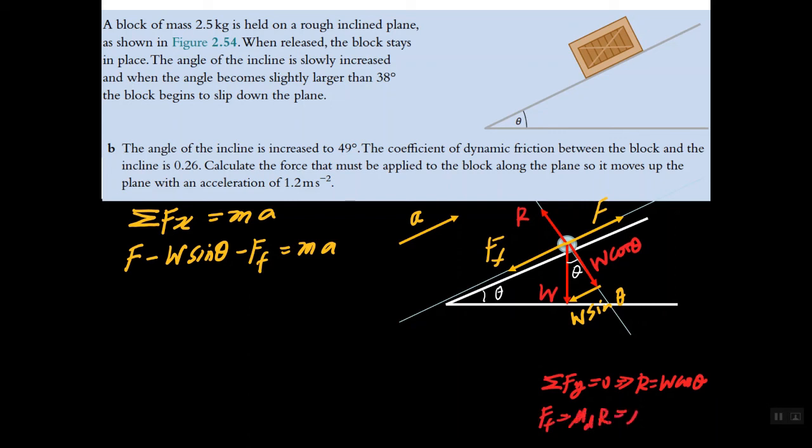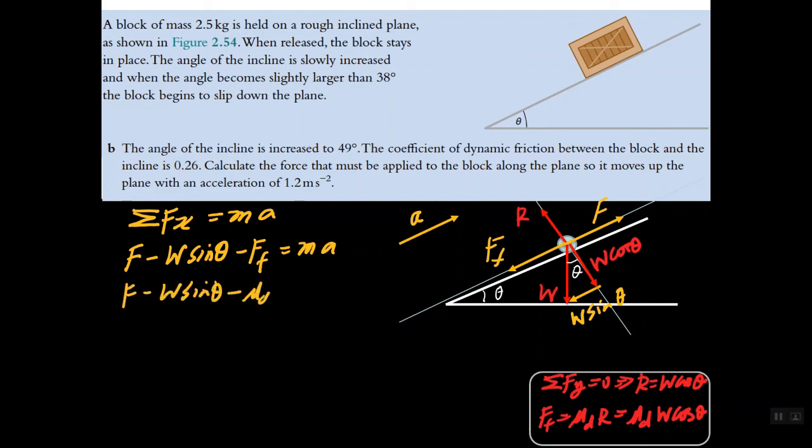Dynamic friction equals the coefficient of dynamic friction times R, and that equals the coefficient of dynamic friction times W cosine theta. Now we can substitute the dynamic friction: F minus W sine theta minus coefficient of dynamic friction times W cosine theta equals ma.